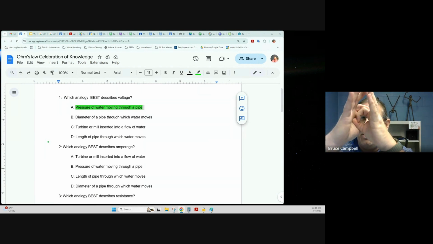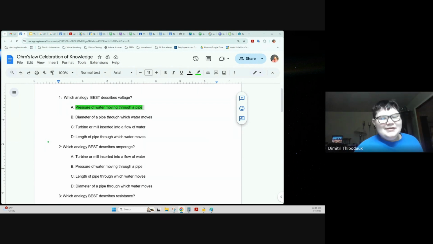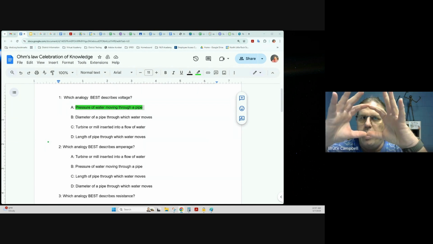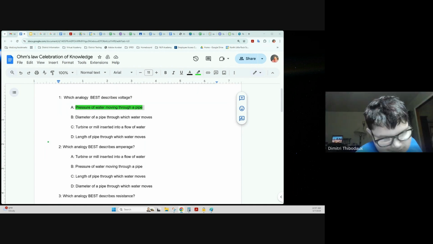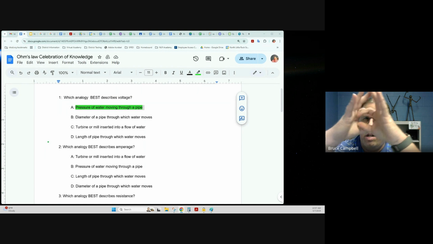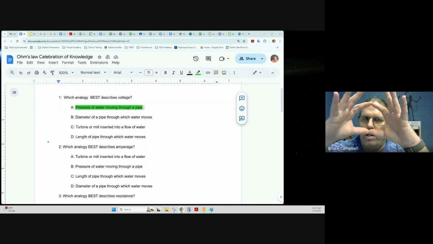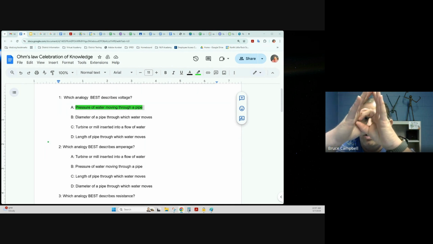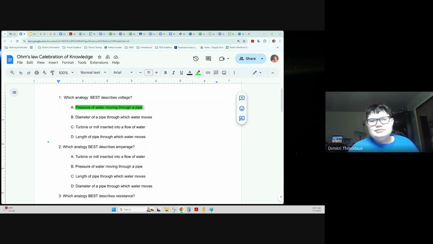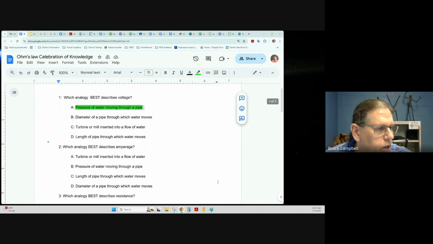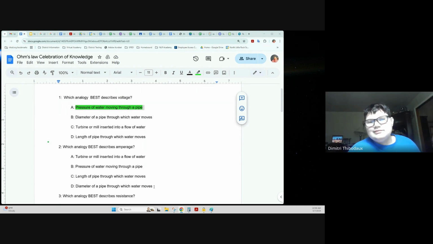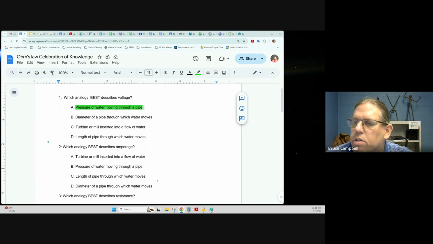An itty bitty hose, and a big hose, small and large. Which diameter hose is going to have more water pass through it? The bigger one. So are we saying diameter maybe? Diameter. Everybody agree with that?